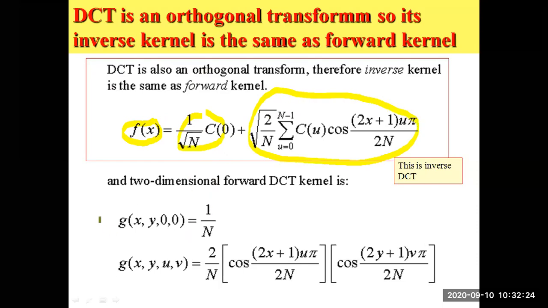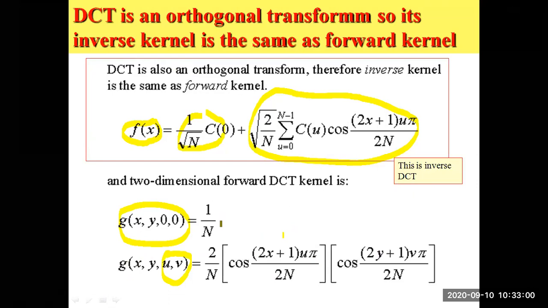The same can be extended to two dimensions. Two-dimensional DCT at center 0 comma 0, that means g of x comma y comma 0 comma 0, is 1 by n. And g of x comma y comma u comma v is where your transform center is changed from 0 comma 0 to u comma v.